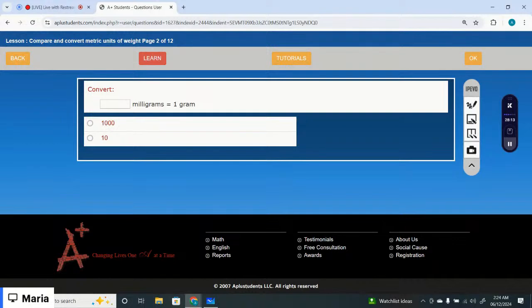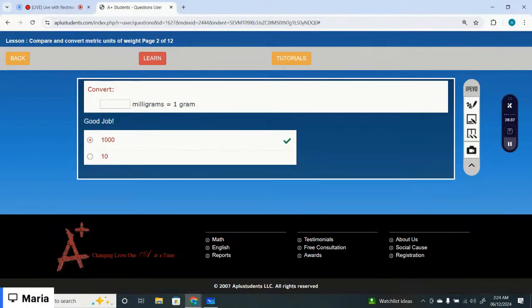One gram equal how many milligrams? 1 gram equal 1000 milligrams. Option number 1 is the correct option.